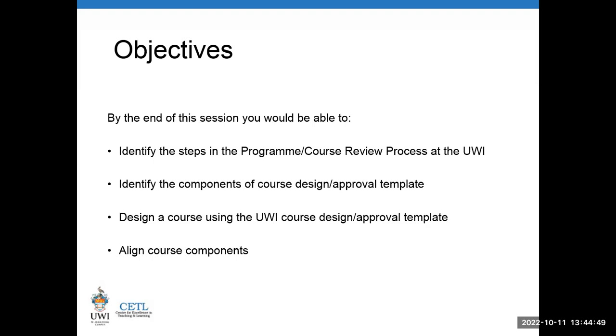We're going to look at the official UWI template used across the different campuses. Then we're going to design a course, or at least start designing parts of a course, using this template, and in the process ensure that all components are aligned.